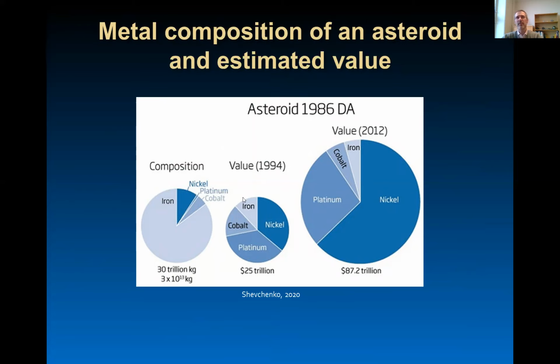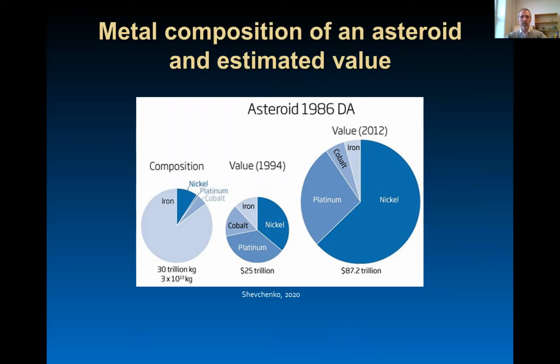The value of these metals in 1994 and now in 2012. That means in the future, if the elements are getting rare, the value of these metals in asteroids will increase.